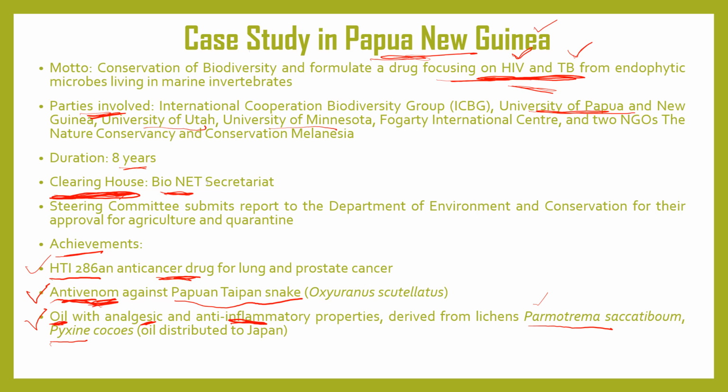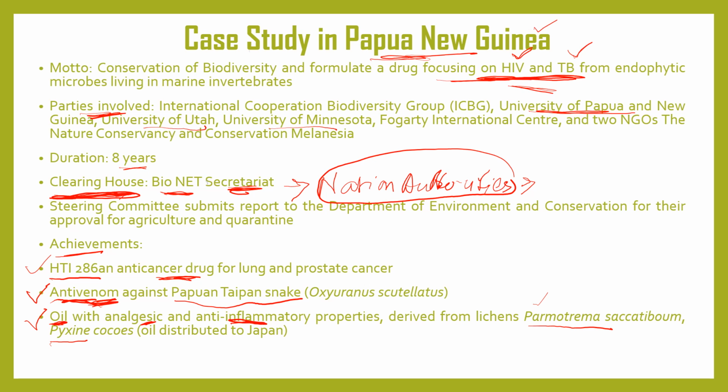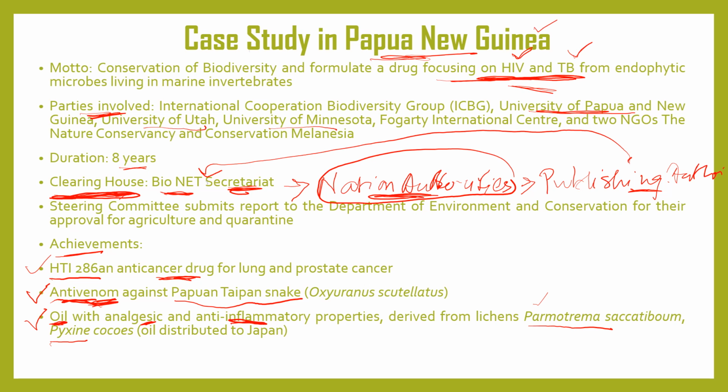In the clearinghouse, the secretariat of that country will appoint certain national authorities, and these national authorities will appoint some publishing authorities who will amass all information regarding the biodiversity and put it in this online database.